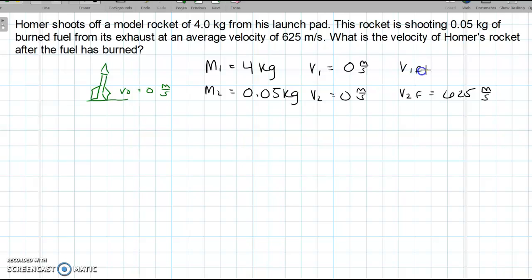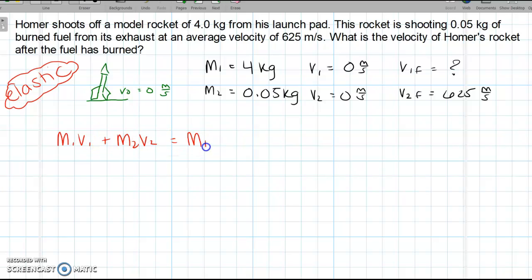So we want to know the final velocity of Homer's rocket. And again, just to reiterate, this is an elastic collision. All right, so our equation is going to look m1 v1 plus m2 v2 is equal to m1 v1 final plus m2 v2 final.